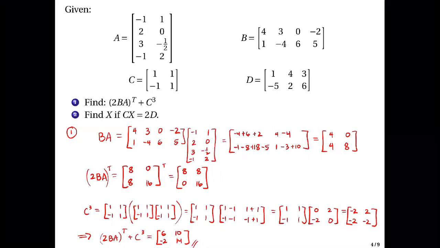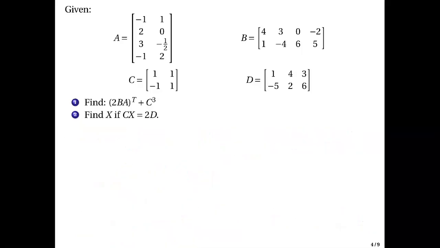Okay, so now let's get letter number 2. So we want to find x if Cx equals 2D. So in here, C, this is a square matrix, okay?